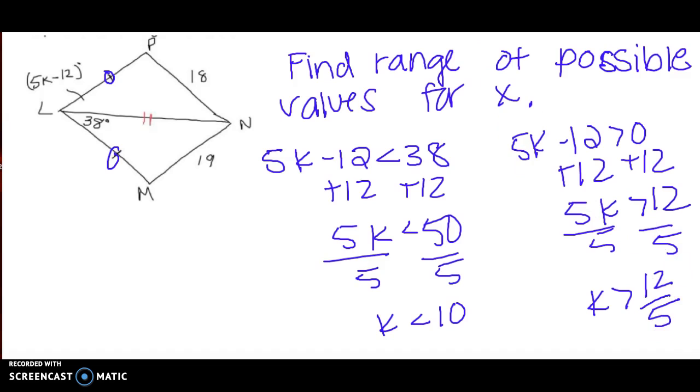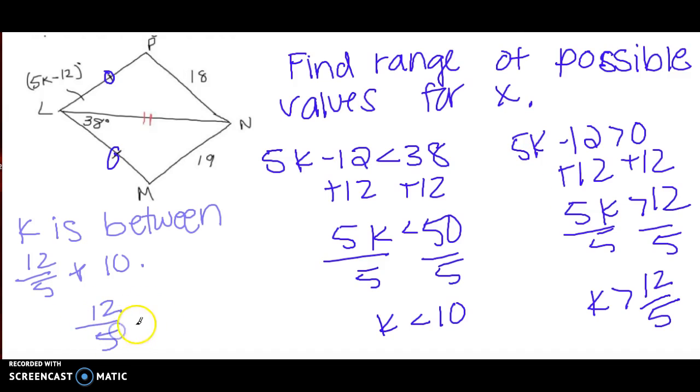And then we said this is great, but you're not officially done yet. You either have to write k is between 12 over 5 and 10, or you can write a compound inequality and say 12 over 5, we know that has to be less than k, and we know that k has to be less than 10.